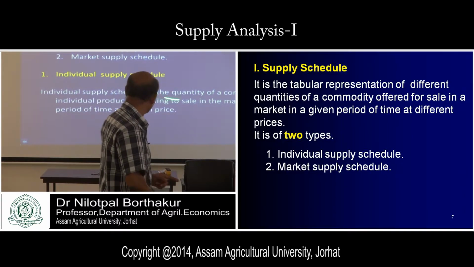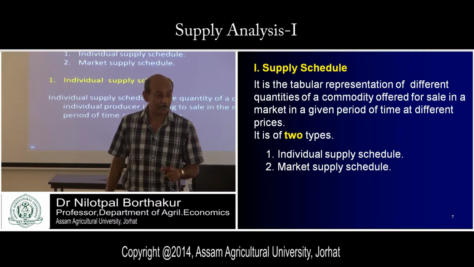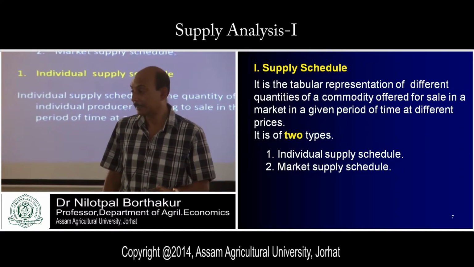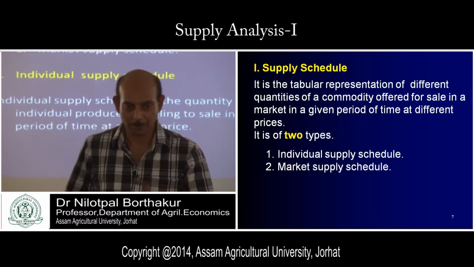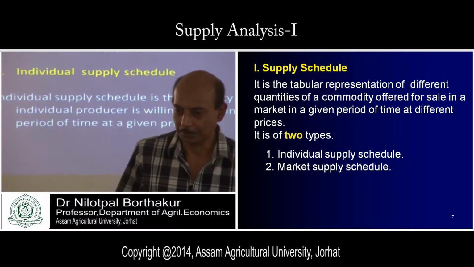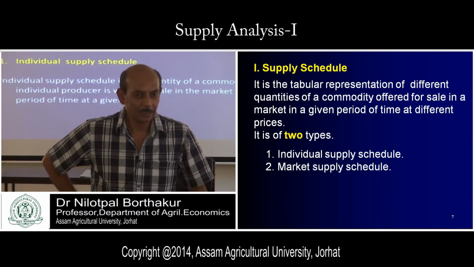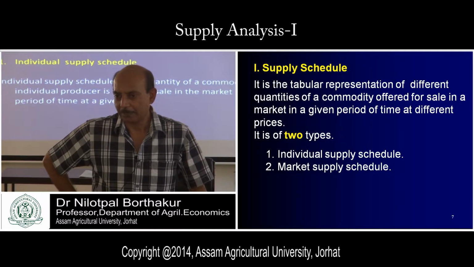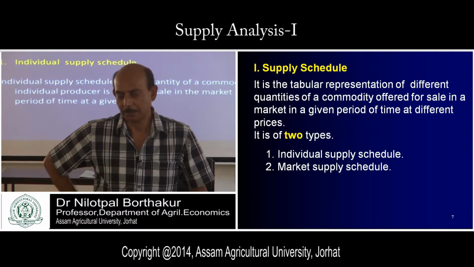Individual supply schedule is the quantity offered for sale by an individual seller at various prices. There will be two columns in the supply schedule. Quantity offered for sale by a seller at various prices constitutes the individual supply schedule.